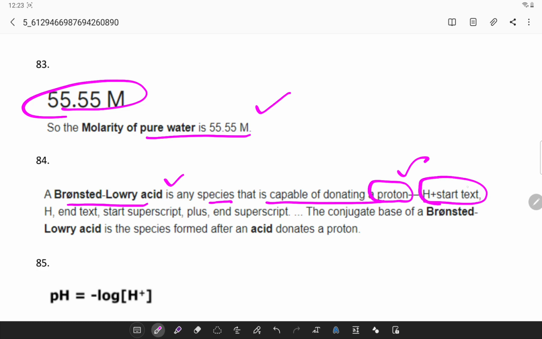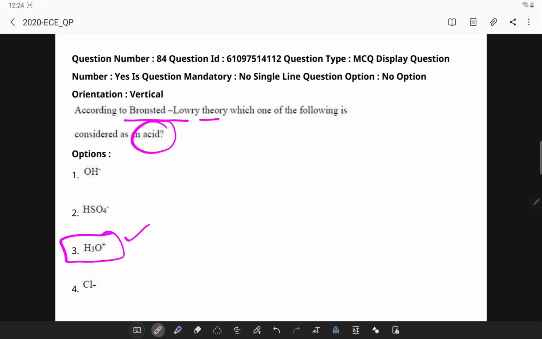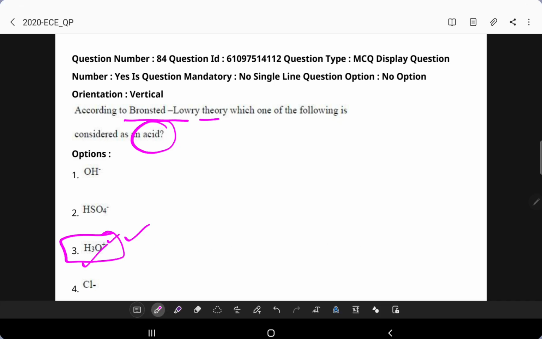So H plus will be available in this. The conjugate base of a Bronsted-Lowry acid is a species formed when an acid donates a proton. So H3O plus is your answer.